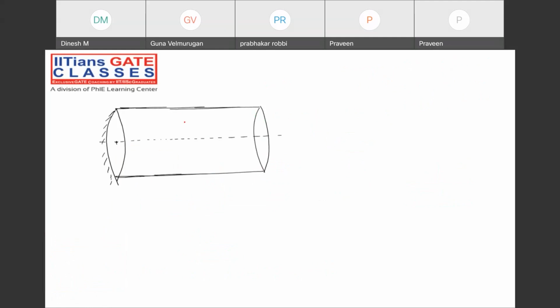Now, I'm taking one section over here. You know that the angle of twist will be 0 for this case. Angle of twist at the fixed end will be 0, right? Because it is fixed one. It cannot come out from the support. Yes or no, guys?